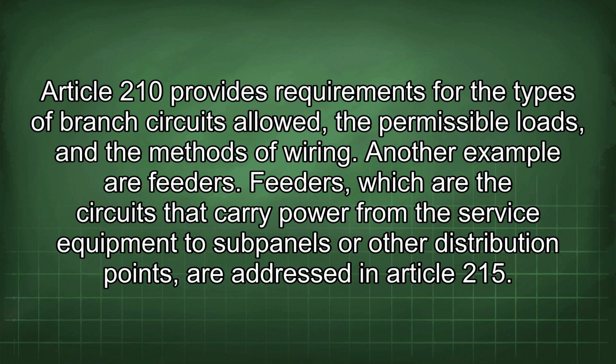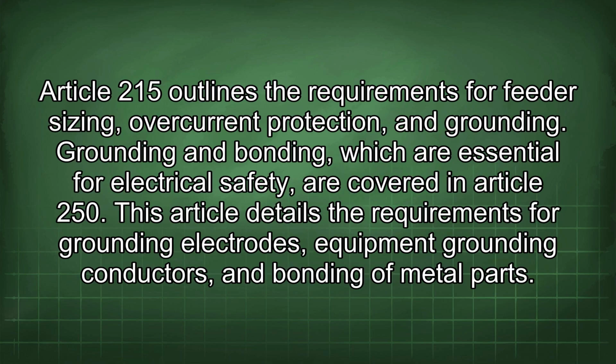Another example are feeders. Feeders, which are the circuits that carry power from the service equipment to subpanels or other distribution points, are addressed in Article 215. Article 215 outlines the requirements for feeder sizing, overcurrent protection, and grounding. Grounding and bonding, which are essential for electrical safety, are covered in Article 250.